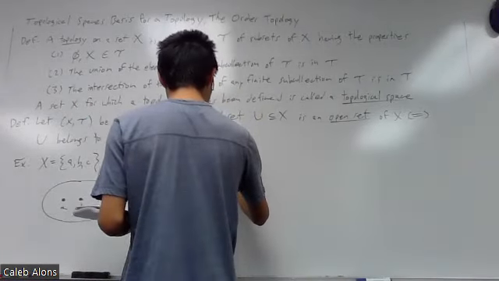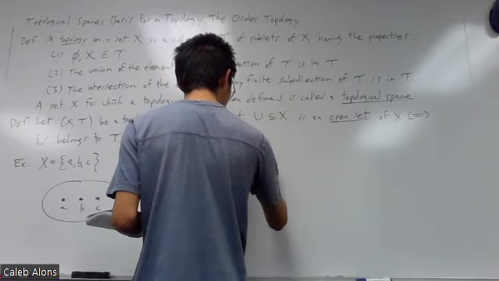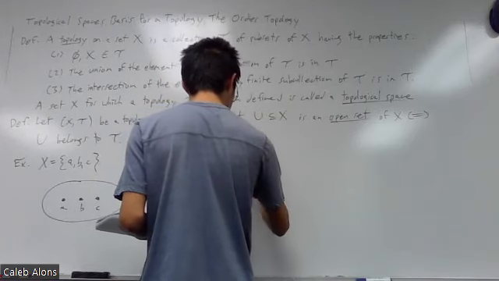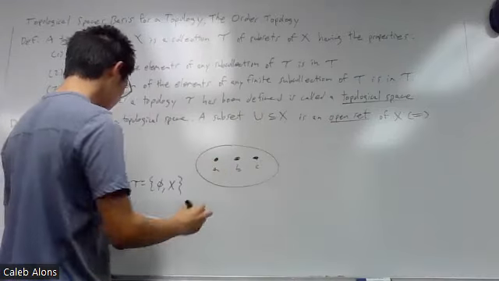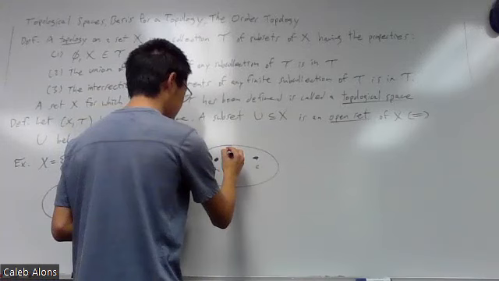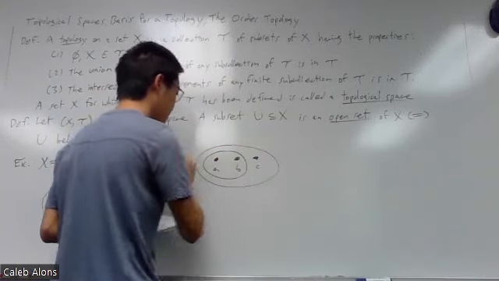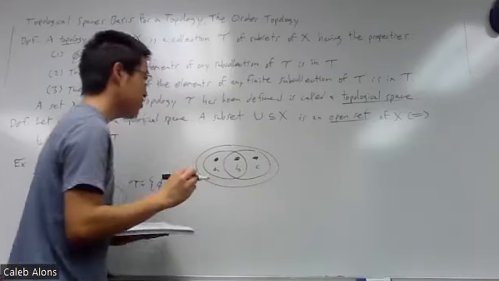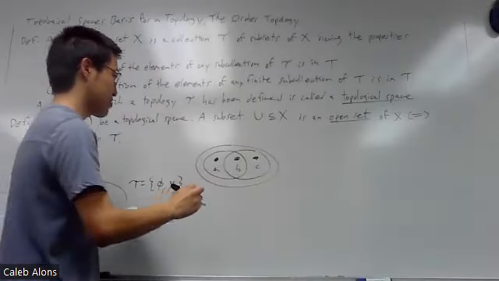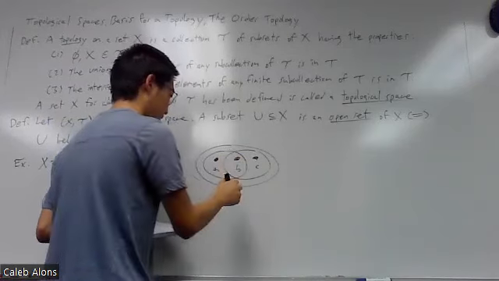But we could also do something like this. If I have A, B, C, I always have to have this one. But I could take the subset A, B, and I could also have a subset B, C, but if I do that, all of the unions have to be in there as well, and all the finite intersections.